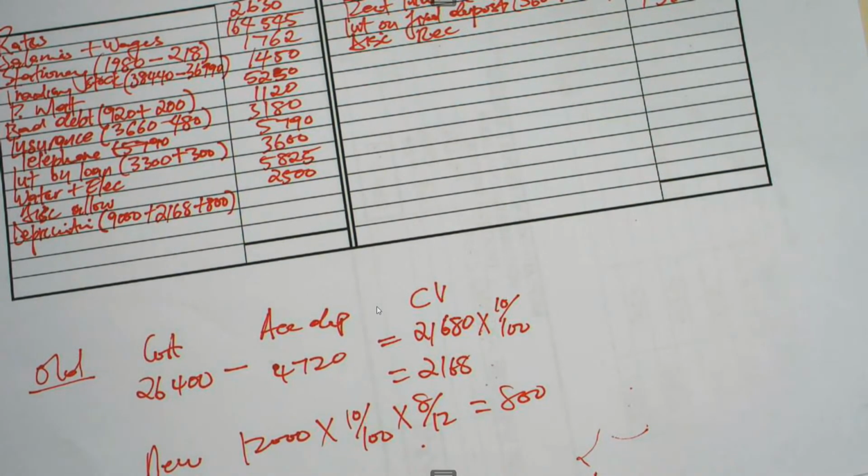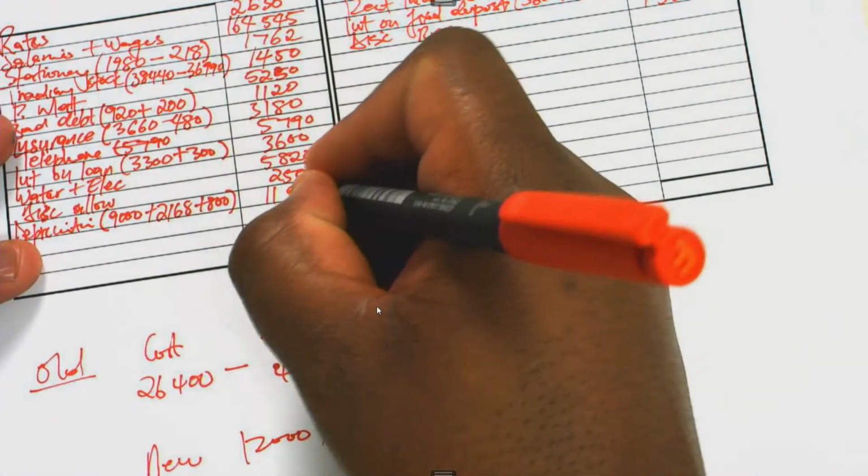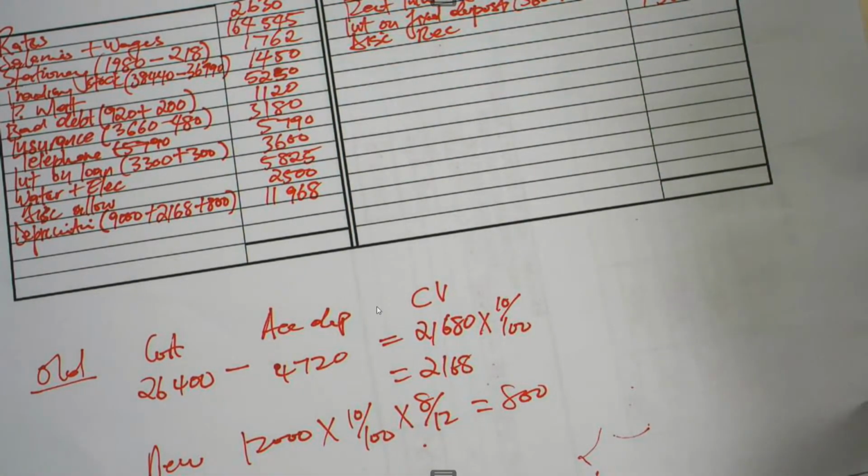So all in all, it will be 9,000, 2,168, and then 800. So we have 11,968.